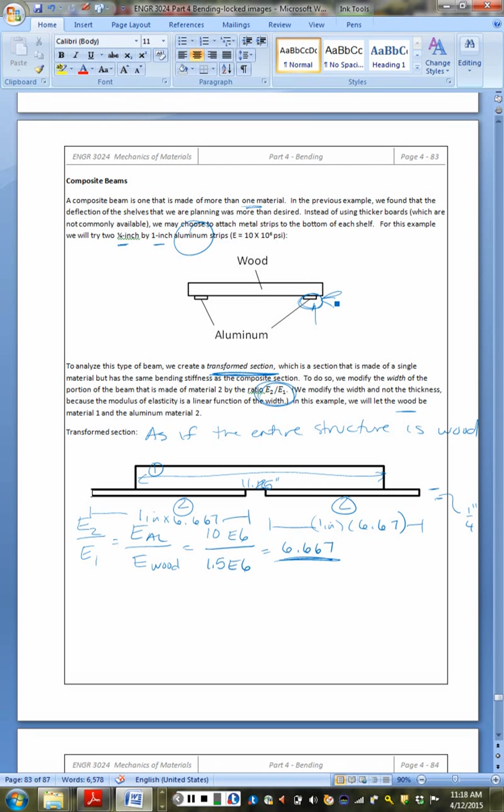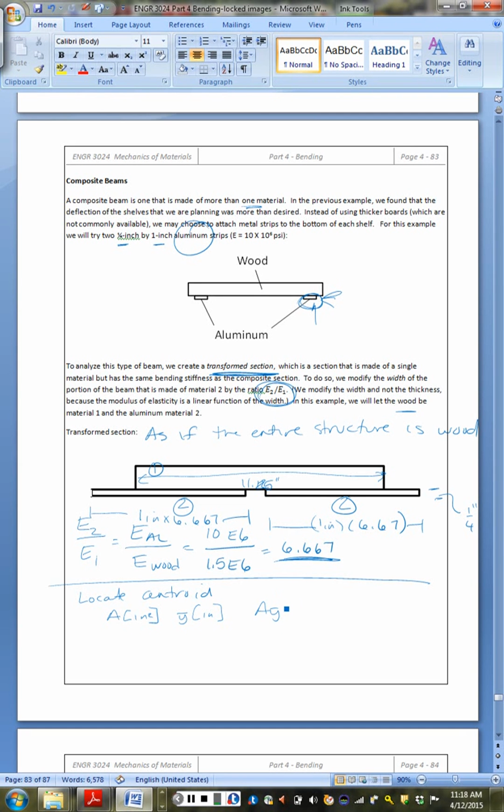We then have to figure out where the centroid of this new composite structure is. So if we locate the centroid of our new composite beam, we know for that we need the areas of each section. We know we need each portion's own centroid location.